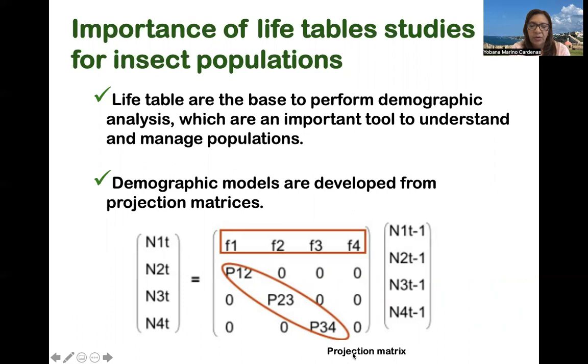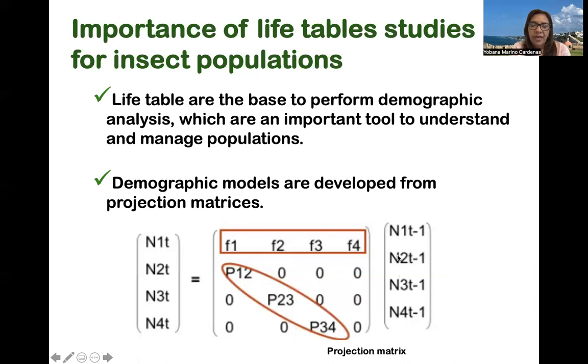Here is an example of a projection matrix. Here we have the population at the beginning of the evaluation. For example, in the case of the coffee berry borer, we have a population of eggs. And here is the population at the end of the evaluation. For example, after 56 days of evaluation, we have a population that could be formed by eggs, larvae, pupae, adults, and different stages of development of the coffee berry borer.